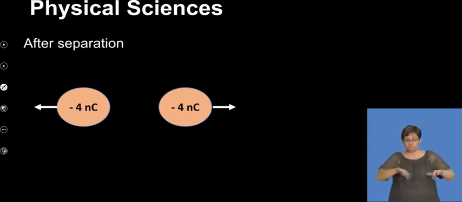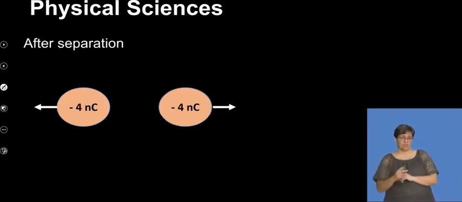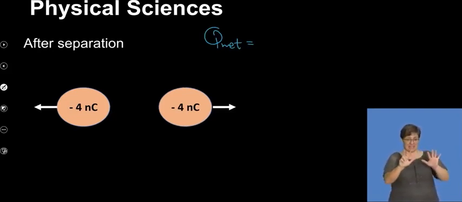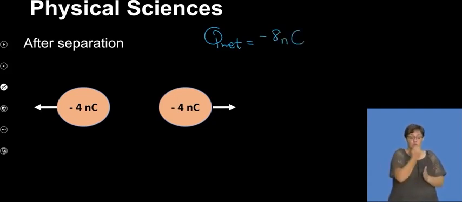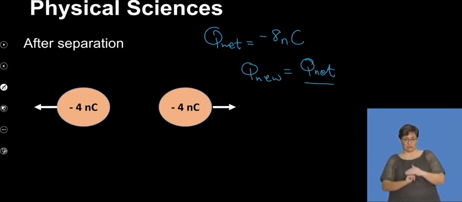And then after separation, this is what happens. Now, we have a scenario where it's -6 nanocoulombs and -2 nanocoulombs. So if that's the case, our Q net is equal to -8 nanocoulombs. The new charge on each one of them, Q new, equals Q net, which is the total, divided by 2.